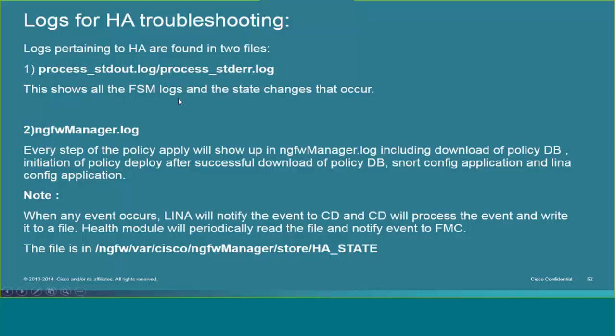So the device transitions from active config applied to active, from standby to active, from app sync to cold standby, or app sync to active. All these transitions are mentioned and described in these logs. So if you have any issue related to a device being stuck on a particular state, then we can go into these logs and try to understand what exactly is happening. This log file is present under the CD wire log.